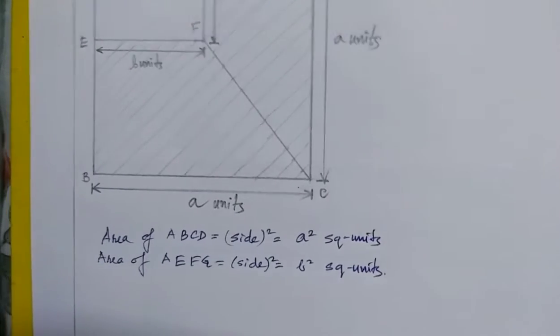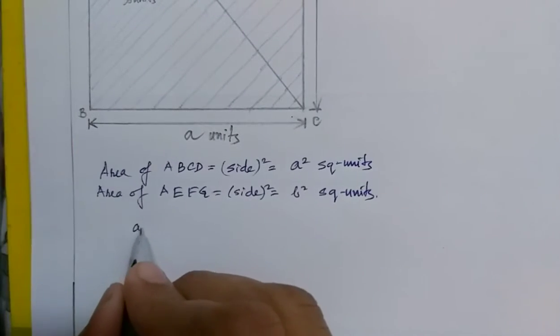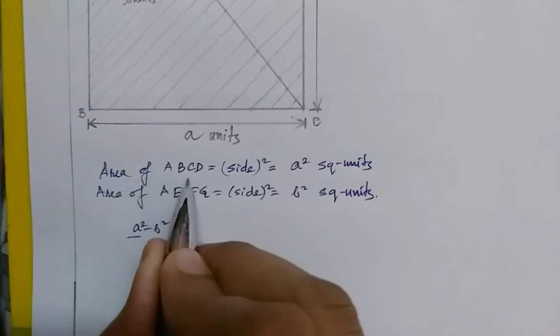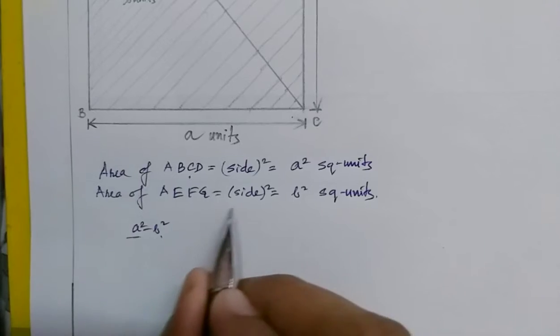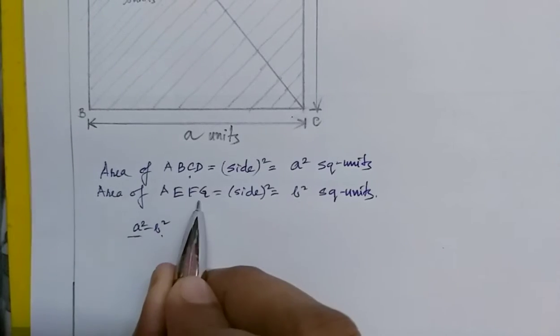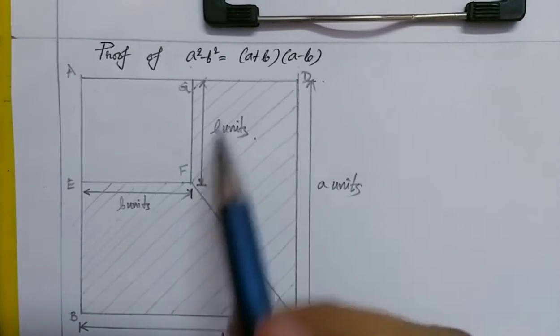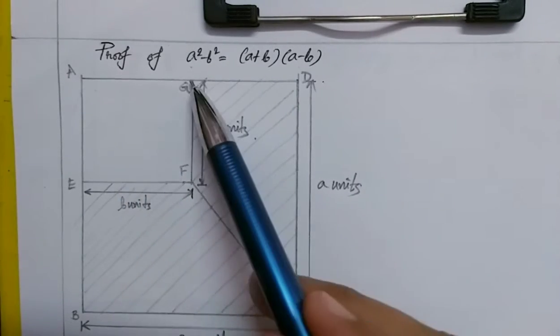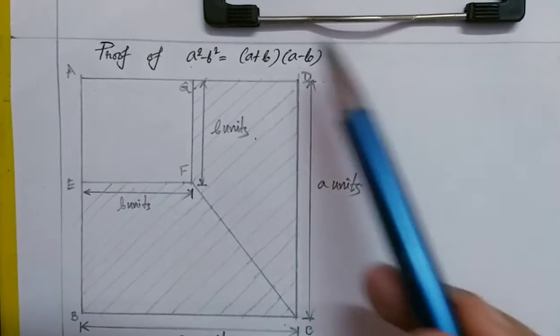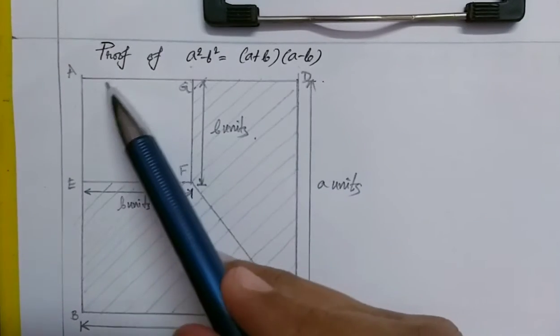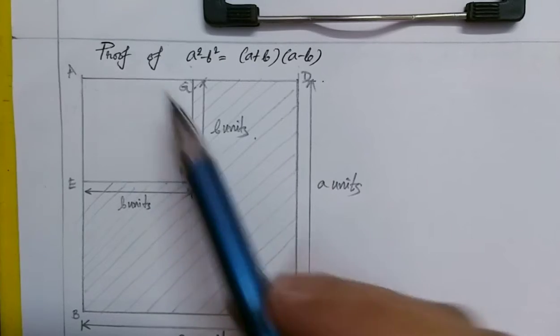Now the left hand side of the formula is a² − b². a² is the area of this square, and b² is the area of this square. From the picture you can see we are subtracting this small area, b², from the entire area, a².